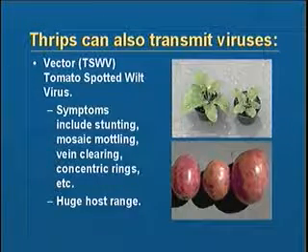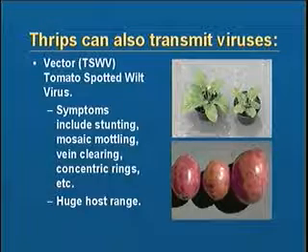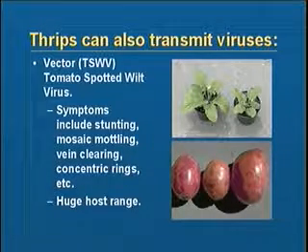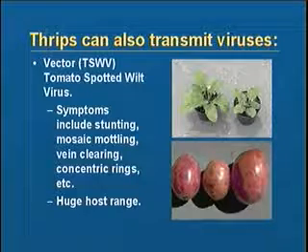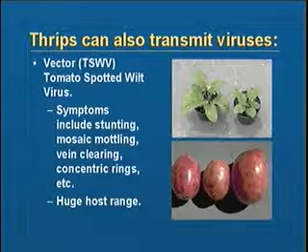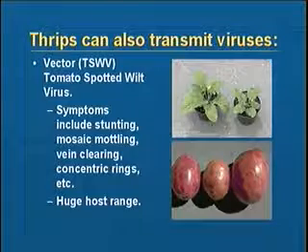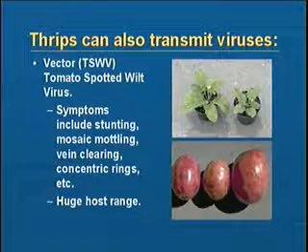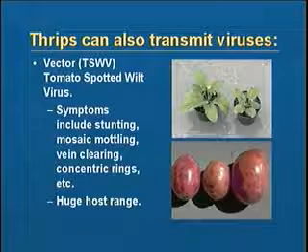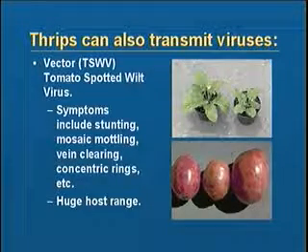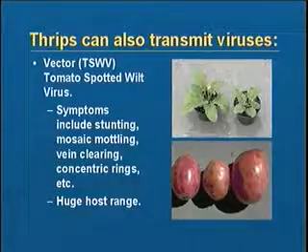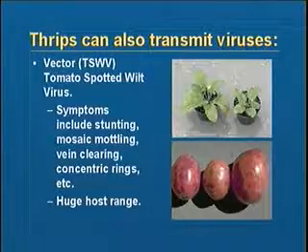And this particular virus has a huge host range: gerberas, peppers, tomatoes, pansies, or I think petunias maybe. So thrips is a vector. It carries the virus, and the virus is transmitted to the plant through their feeding. And you can see here this gerbera is infected with tomato spotted wilt virus. It's heavily stunted.